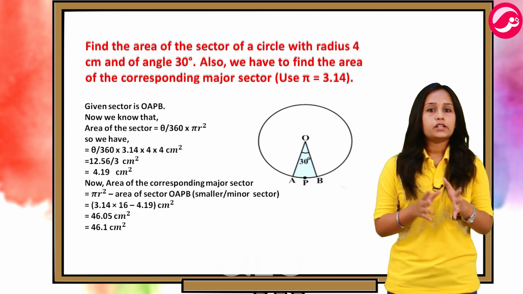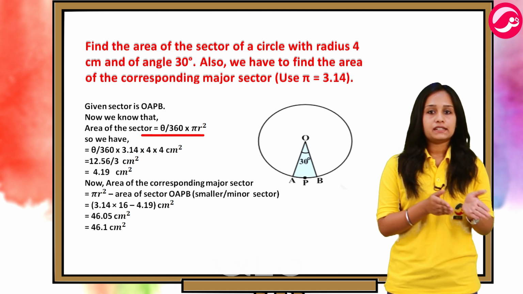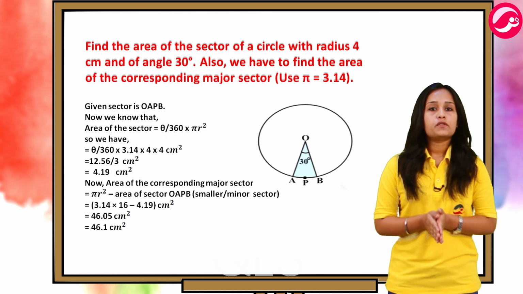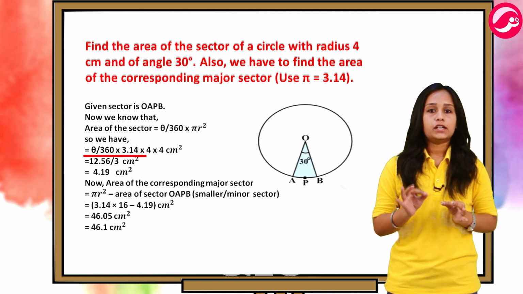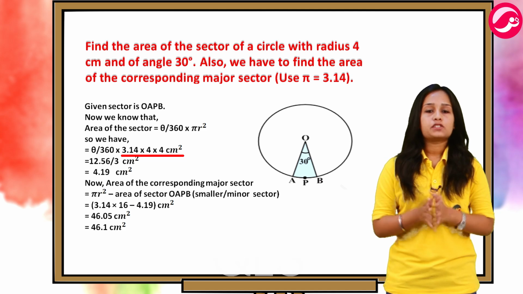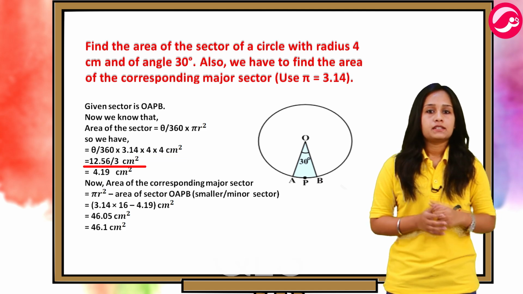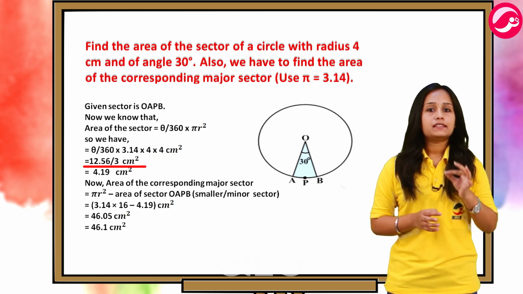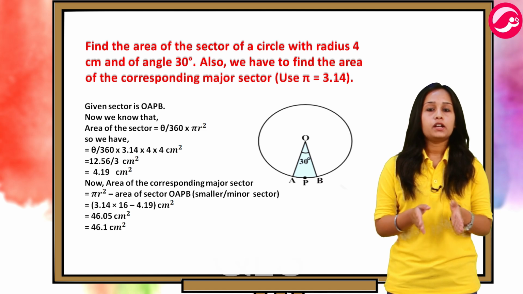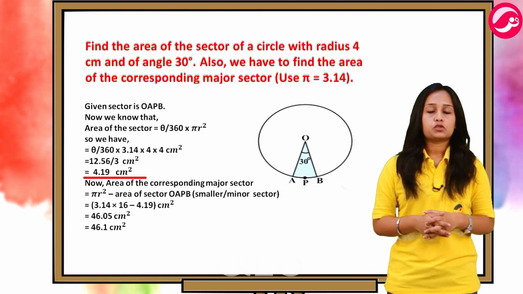Now we know that area of the sector is equal to theta by 360 into pi r square. So we have theta by 360 into 3.14 into 4 into 4 centimeter square. So this can be written as 12.56 divided by 3 centimeter squares, that is nothing but 4.19 centimeter square.